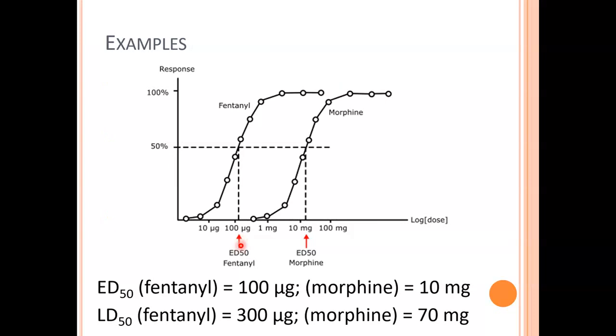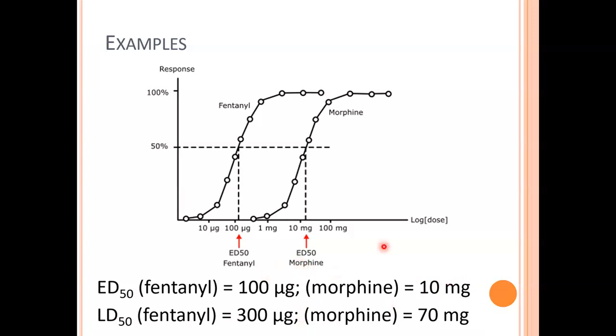So here's an example. The ED50 of fentanyl is 100 micrograms. Compare that to the ED50 of morphine, which is 10 milligrams. So that's 0.1 milligram for fentanyl and 10 milligrams for morphine.